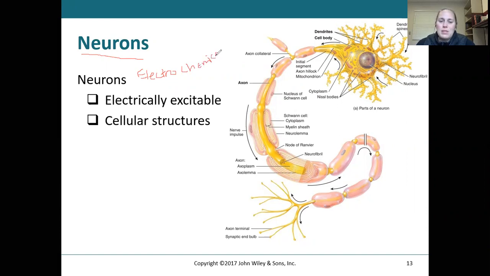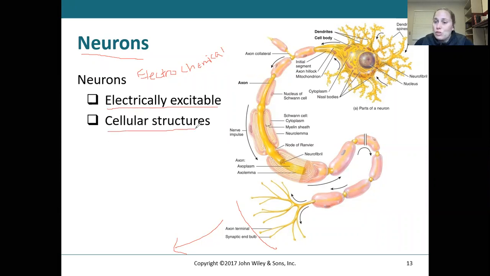That essentially means that a neuron sends an electrical signal that gets transferred into a chemical signal that turns back into an electrical signal. And we're going to talk about that pretty extensively in this chapter. But neurons are electrically excitable, and that's part of how they are able to work as signaling cells.